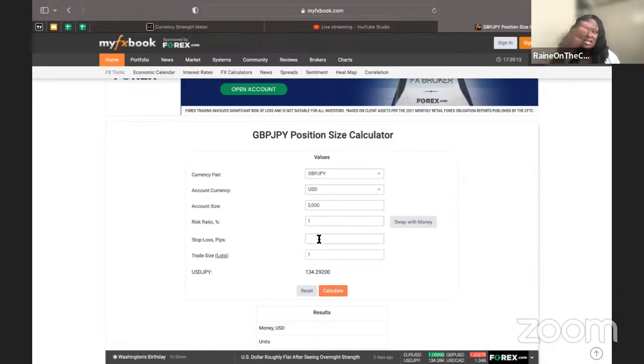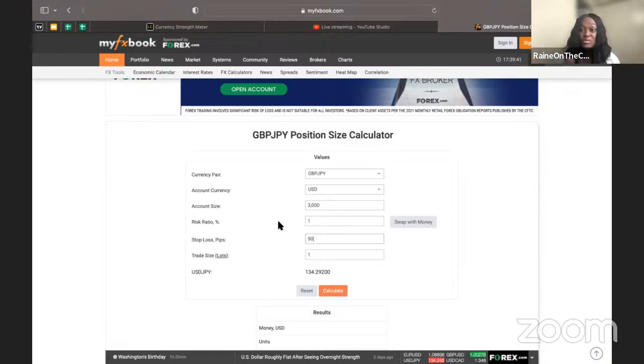If it goes the opposite direction and it hits 50 pips, because I said 50 pips stop loss, the maximum I want to lose taking a trade is 1%. That's why you want to have your risk ratio. You don't want to just be blindly trading so you can lose 100%, 50% of your account.